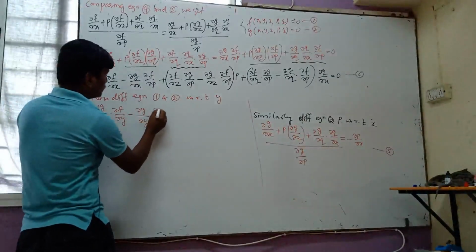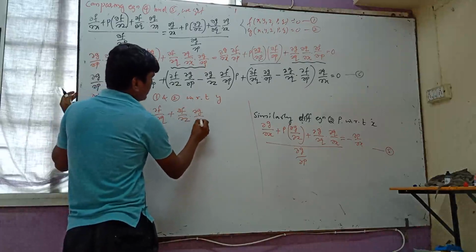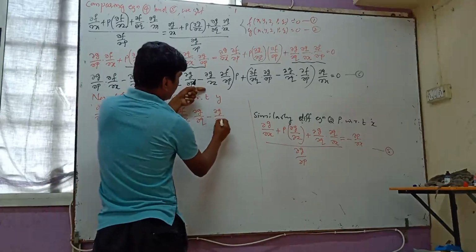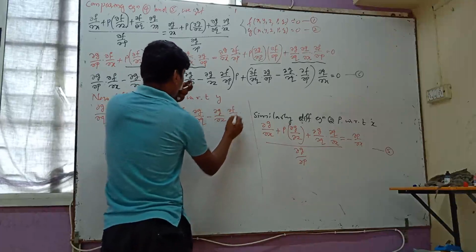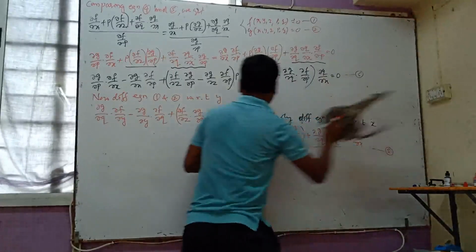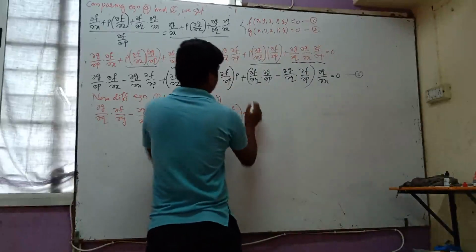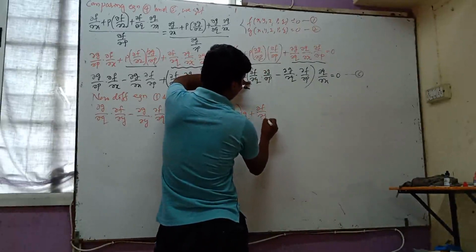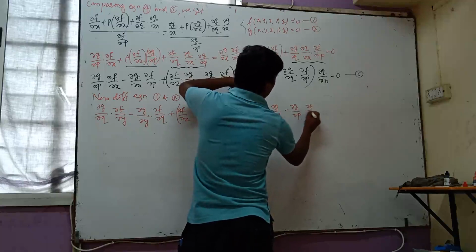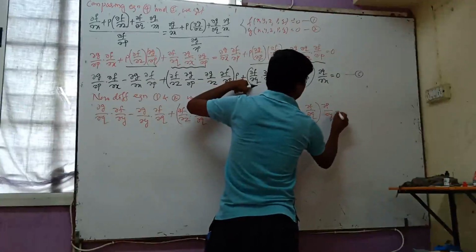Plus dou f by dou p into dou z by dou q minus dou z by dou p into dou f by dou q, dou f by dou q into dou p by dou y is equal to 0.